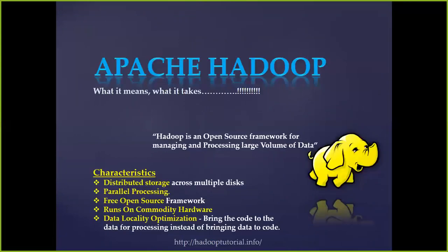Whatever you have seen, Apache Hadoop, is an open source framework from ASF, the Apache Software Foundation, which is completely free. You don't need to pay a single penny for that. You can download it, install it on your servers, and do whatever you want.